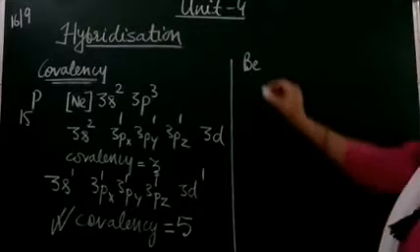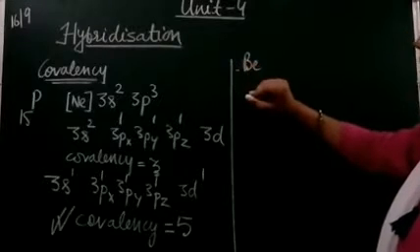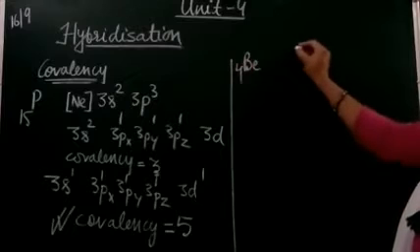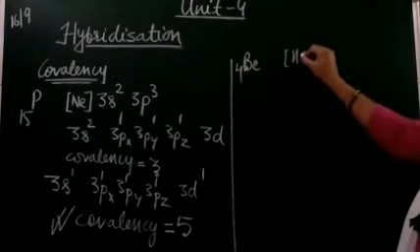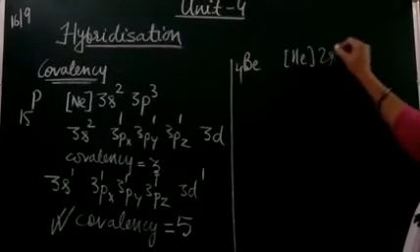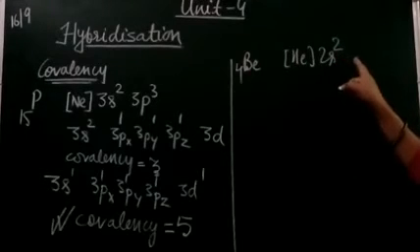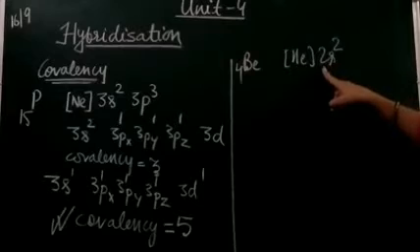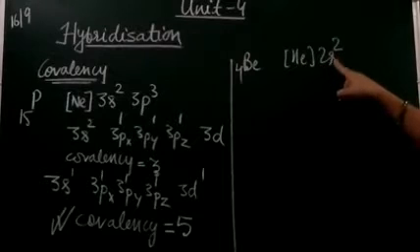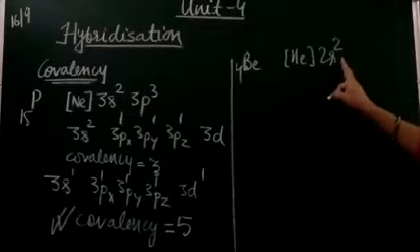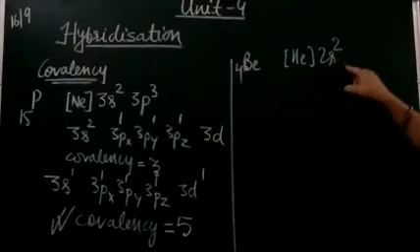Now, just now I mentioned beryllium. You know that the atomic number of beryllium is 4. That means it will have helium configuration and 2s2, that is, 1s2, 2s2. Here you can see that it has 2 electrons in the s subshell and initially doesn't have any half-filled atomic orbital, right?